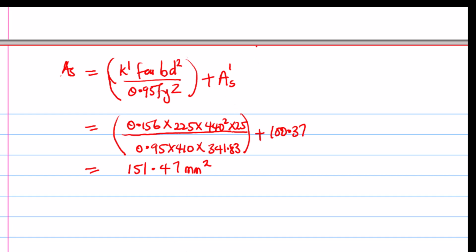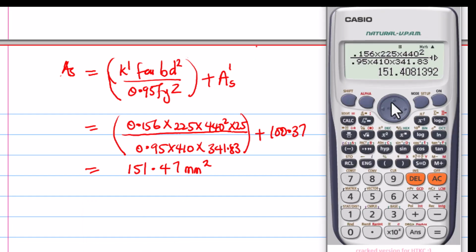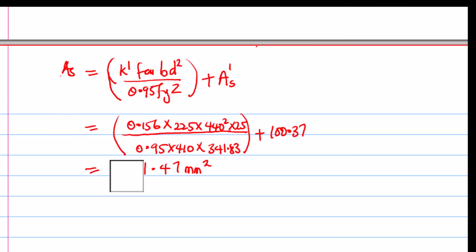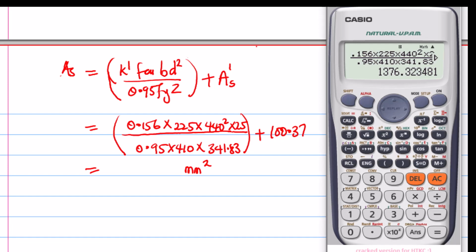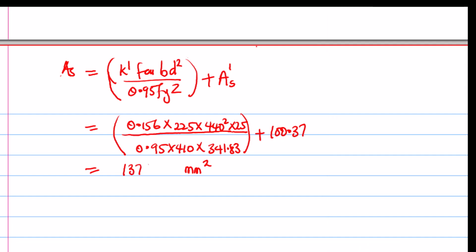I'll bring up my calculator. So let's go back to our calculator and add 25 here. So I'm going to say times 25. Good. So we clean up this one. This is wrong. We have it as 1376.32 mm squared.